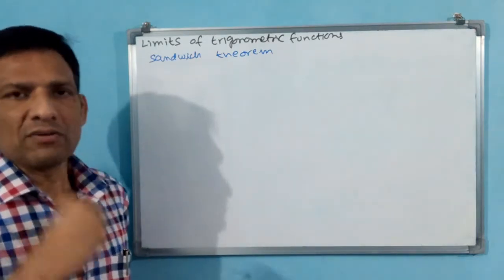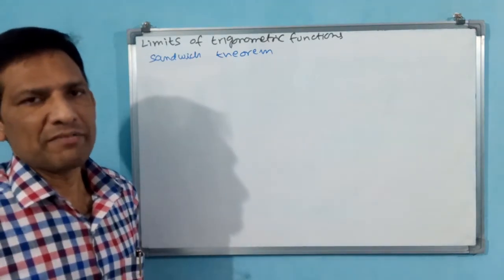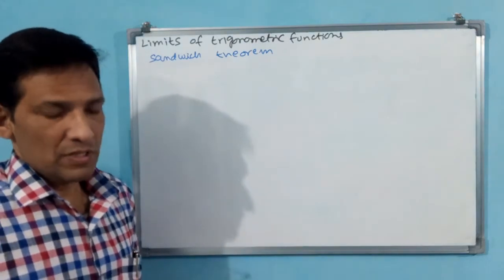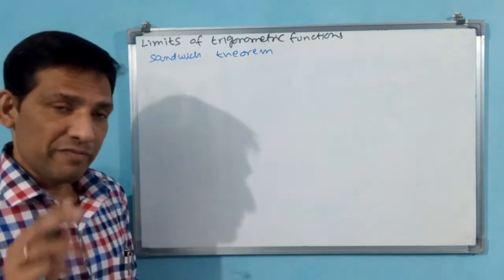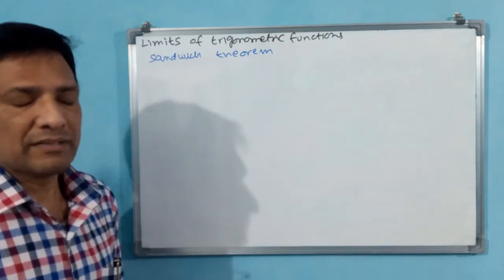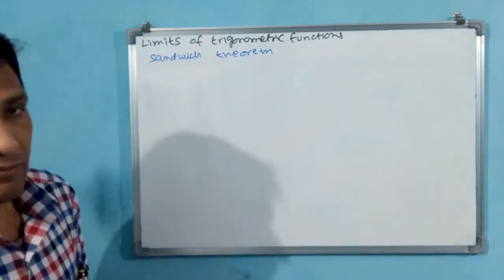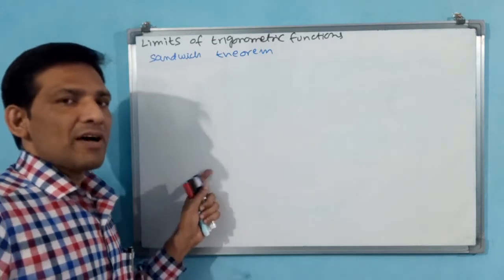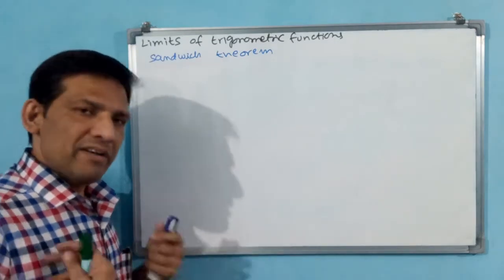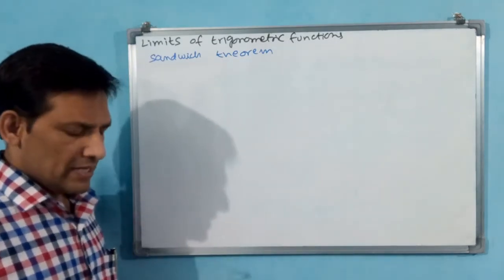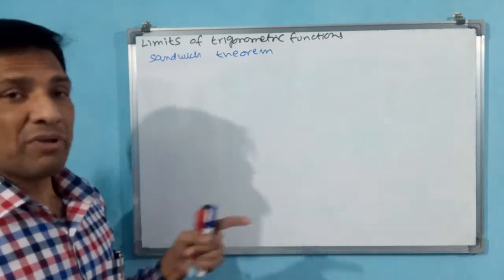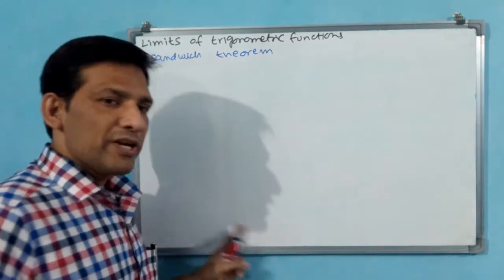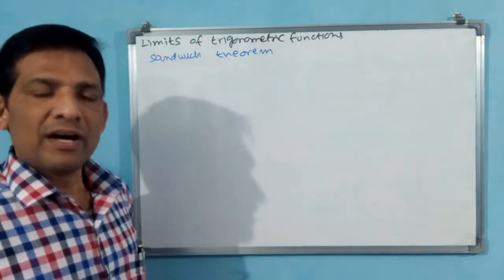That means between two, one important function is there, but the thing in between is also very important. Here between cos and 1, sine is important for us. I will write the sandwich theorem and prove it also.